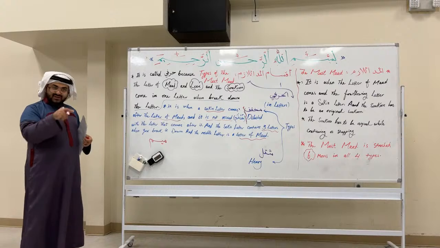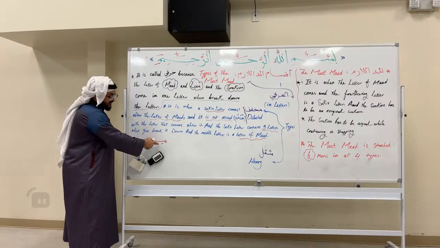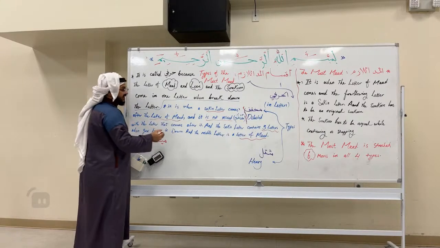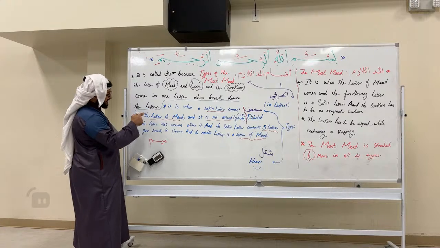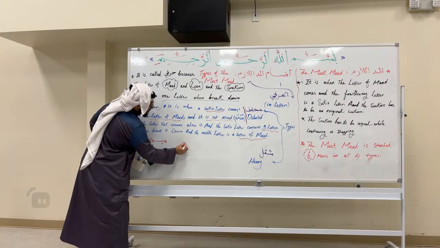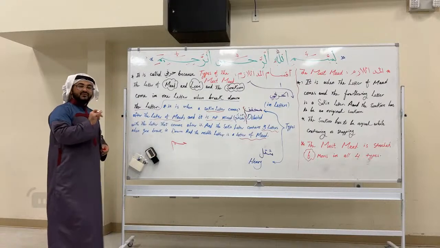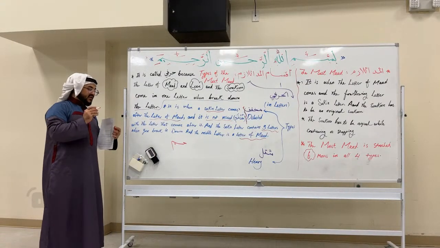If you break the letter meem down, 3 letters, right? And then ha meem, second letter. Just focus on this. If you understand this example, I'm going to give you so many examples.